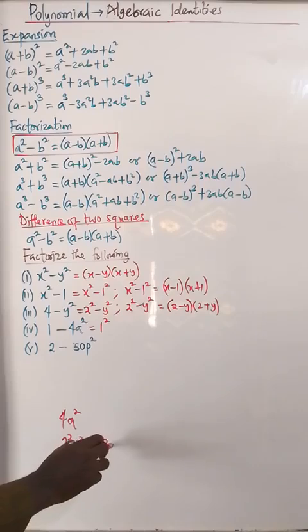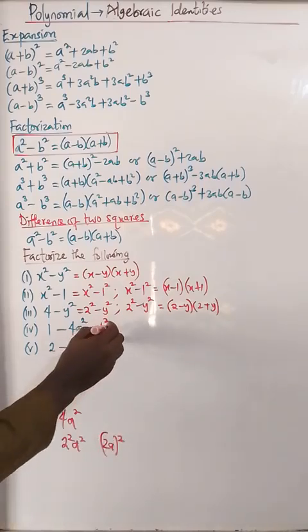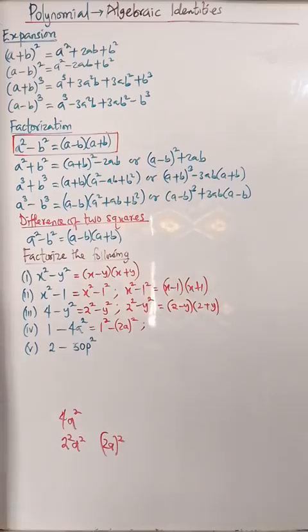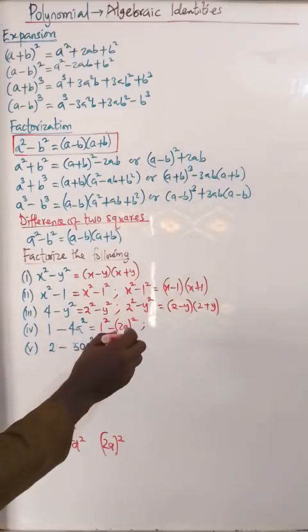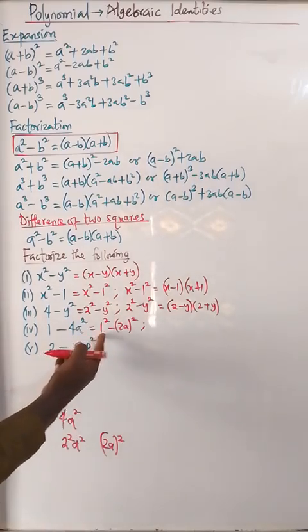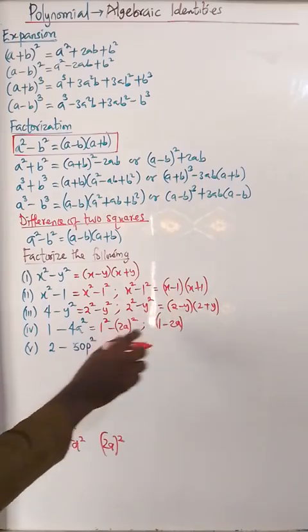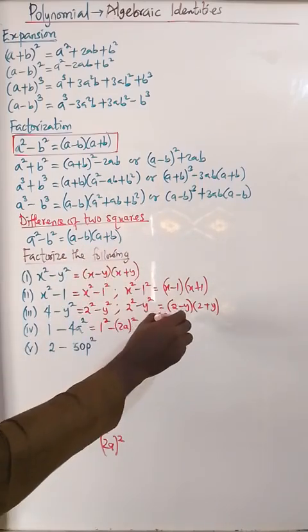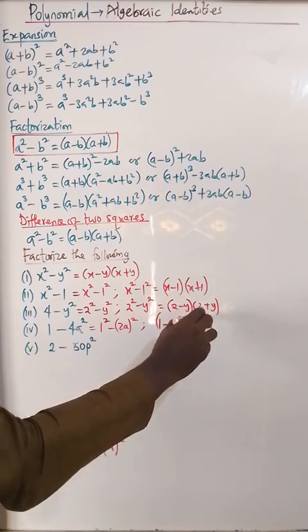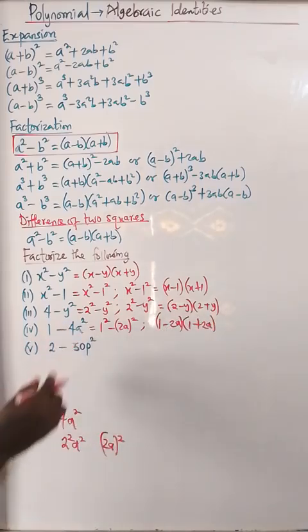The square is common, that's 2a all squared. So 1 squared minus 2a all squared. Now in this case, we have 1 minus 2a, then you have to add 1 plus 2a. So if you expand this, you get this.